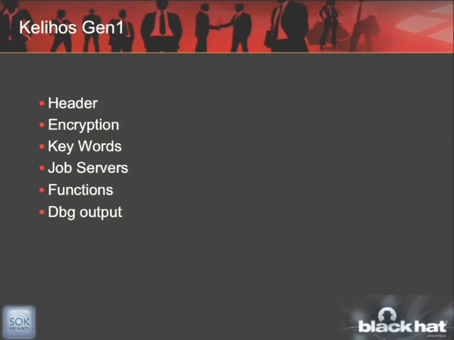The job servers are very important, but the malware author still wrote clear text in the data, both sent and received. So it's a critical drawback of the first generation of Kelihos.